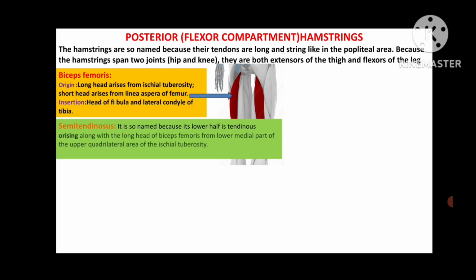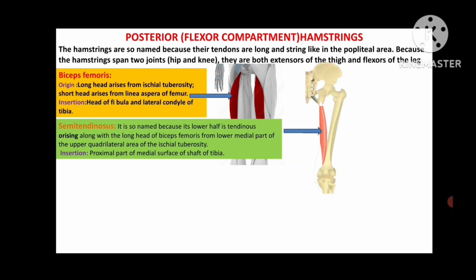It is so named because its lower half is tendinous, arising along with the long head of the biceps femoris from the lower medial portion of the upper quadrilateral area of the ischial tuberosity, and inserted to the proximal portion of the medial surface of the tibia.